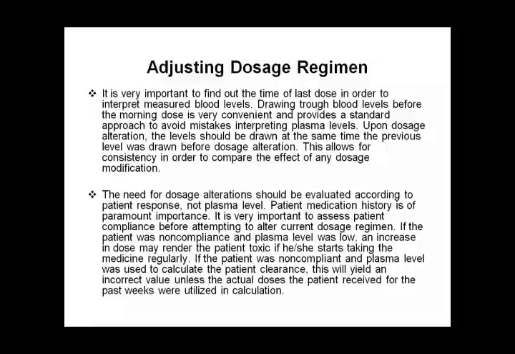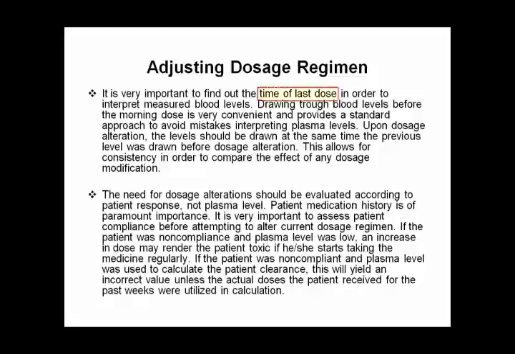If the patient is receiving therapy and steady state is achieved and we have a trough level, then we can use this level to adjust the dose if needed. So if the patient blood level is not within the therapeutic range and we want the level to be within the therapeutic range, then we may need to adjust the dose.